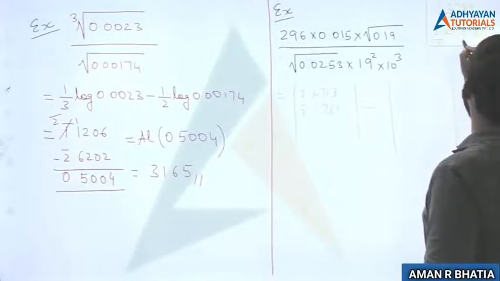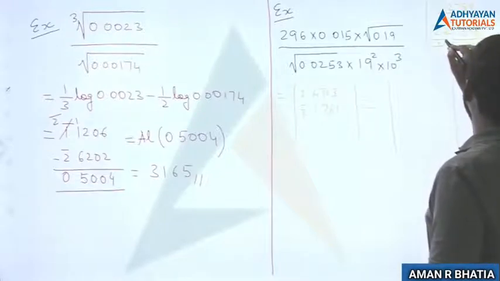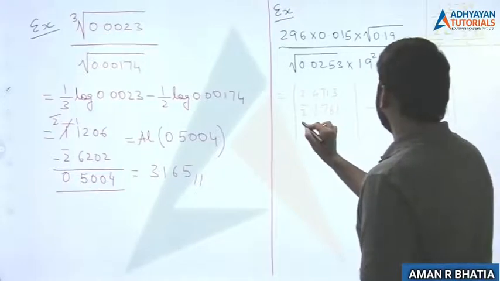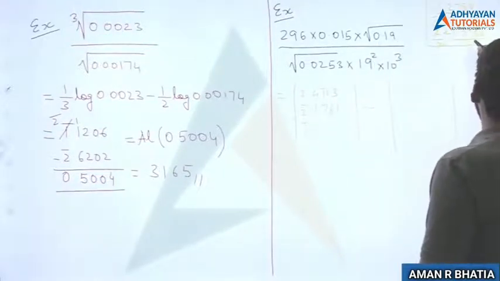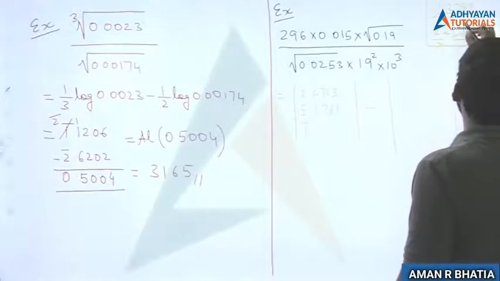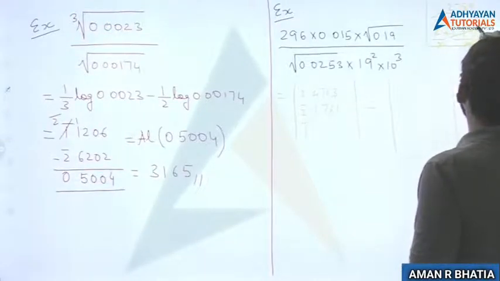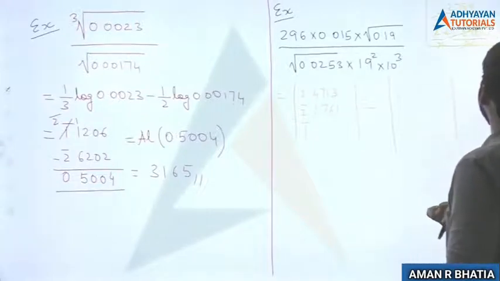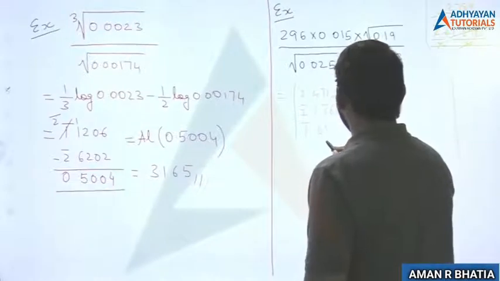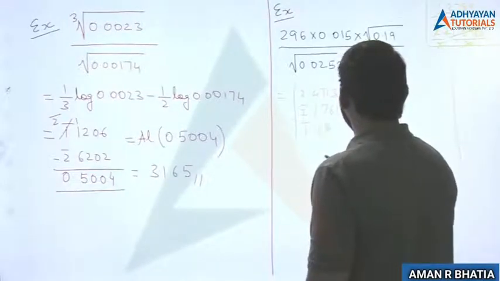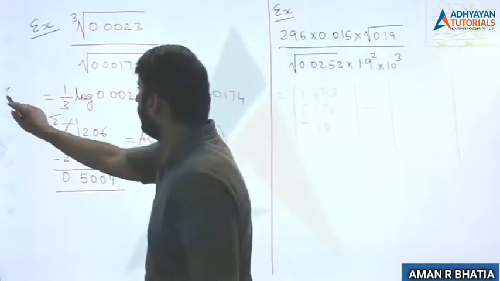Divide this by 2 separately, so this is bar 1. So I have bar 1 point 0.6. 3s are 6, 1 carry forward, 9s are 18, 4s are 8. 0.6394. So this is 0.63.